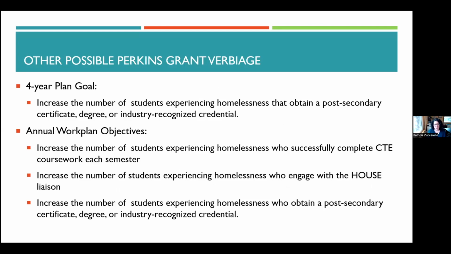For Perkins, thinking about obtaining that post-secondary certificate, degree, or industry recognized credential is where the rubber meets the road. So ideally, by providing support to your House students, that'll help increase the number of students experiencing homelessness who are able to complete coursework in any given semester, or who are able to complete that post-secondary credential.